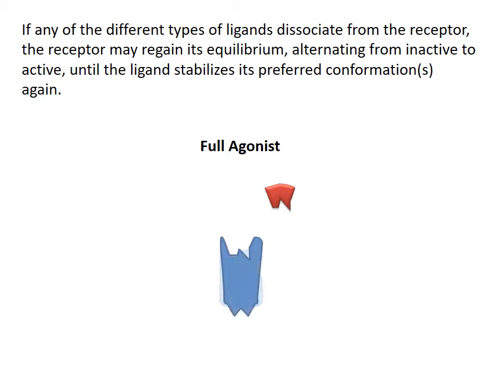So if it's just one receptor molecule, it's going to fluctuate. If we are fortunate enough that the agonist is close to the receptor when the receptor is in the correct conformation, then it will bind to it because it has affinity for that conformation. I showed that as a matching shape there.